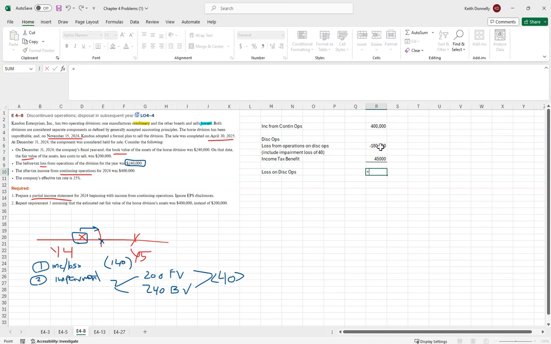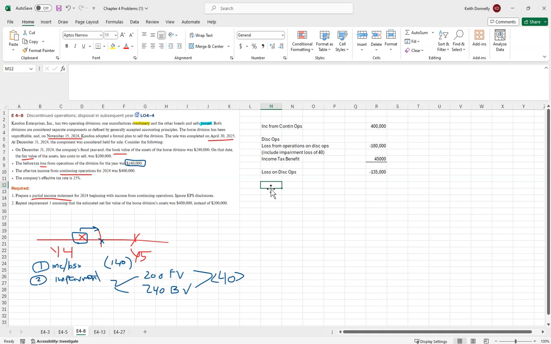Between the impairment loss and the actual operations itself, we're at a loss of 180, but we do get a little bit of a benefit with the 45. When we net the two of those, our overall loss, when we truly look at it, is going to be 135.